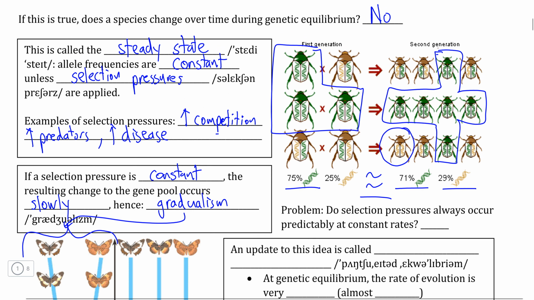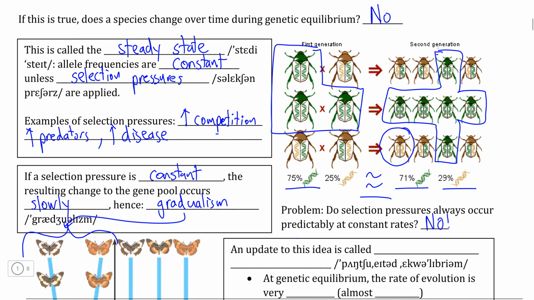The problem is, if we consider what selection pressures are, do selection pressures always occur predictably and always occur at common rates? Well, if you think about this for more than 5 seconds, the answer, of course, is no. For example, are these beetles always going to have an abundant food supply?